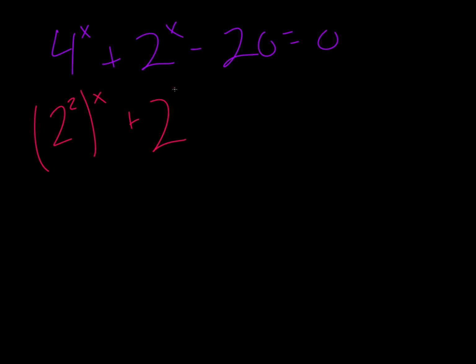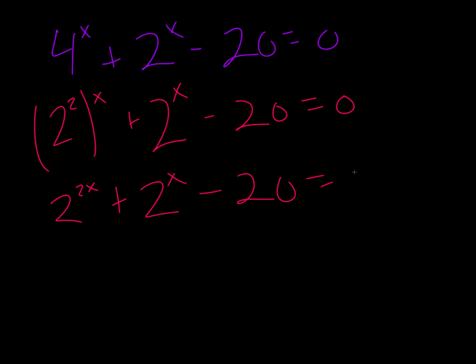So we have 4 to the x plus 2 to the x minus 20 equals 0. So all of our exponential pieces we want to write with the same base. And so I'm going to change this to 2 squared to the x, 2 to the x, like that. If we multiply that out, we get 2 to the 2x plus 2 to the x minus 20 equals 0.